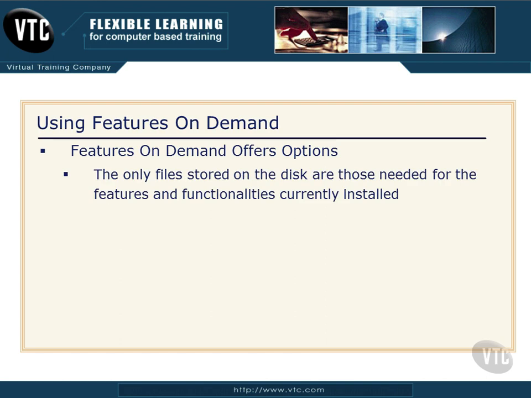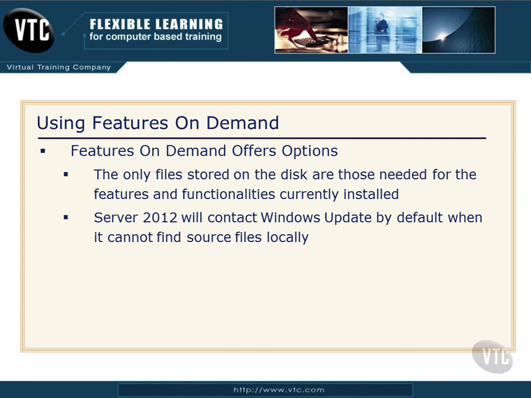The only files that get stored on the disk are those needed for the features and functionalities that are currently installed. Now, in a server world, this is pretty big because often we set a server up, we install what we need, we take the operating system installation media out, and we don't need it anymore, nor do we need any other files.